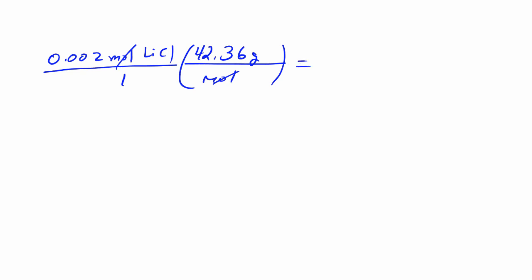So get my handy dandy calculator out, and you go 0.002 times 42.36, and you're going to get 0.0847 grams of lithium chloride being produced. And so this is your answer for number 2. This is what we're looking for.